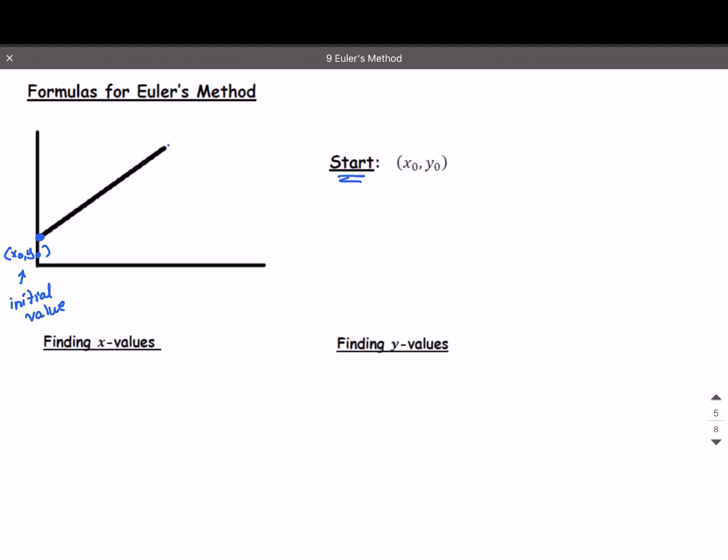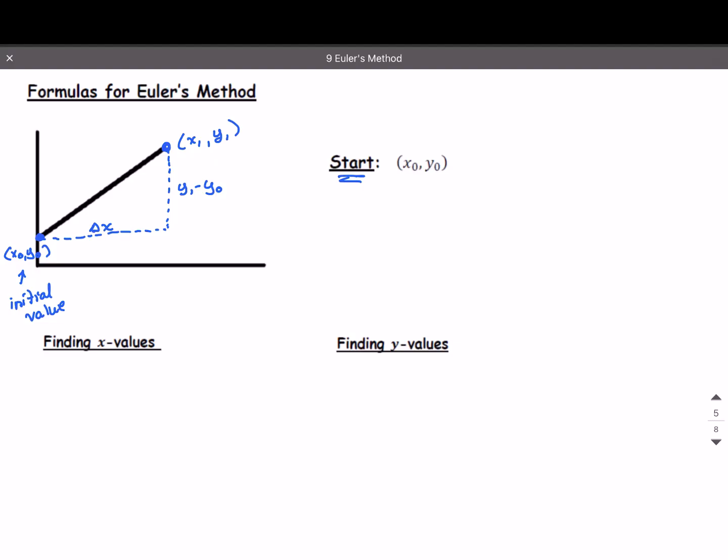Now, from there, to get to the next point, whether we're doing this for the first iteration or the 10th iteration, we have to add delta x to our x value, because this length is delta x. And this length is y1 minus y naught, right? The change in the y's. The slope of that line is change in y's over change in x's. So our change in y would be y1 minus y naught over delta x.